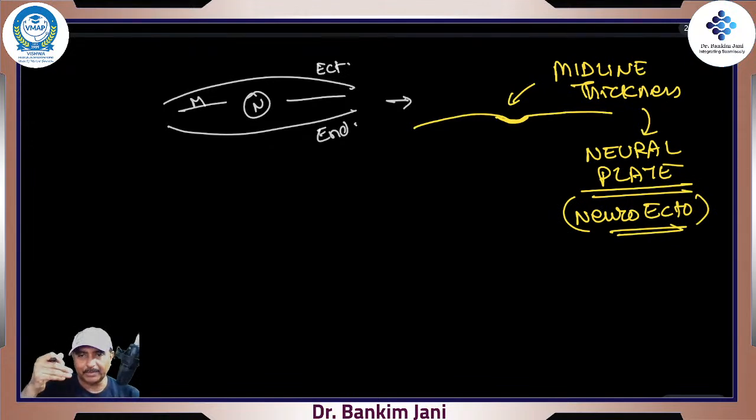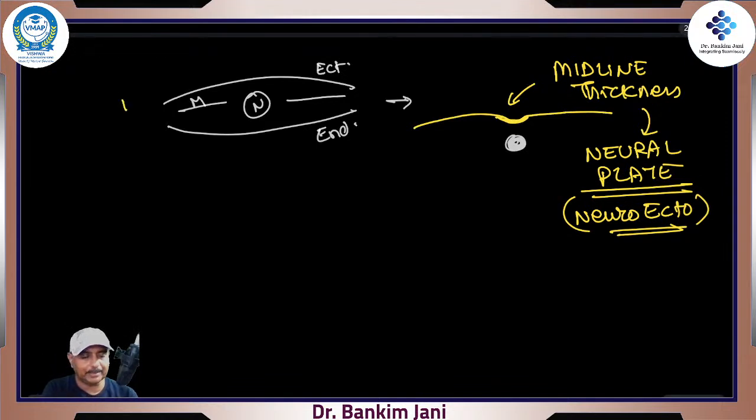It will have the cranial end, because it is happening at full length, and below it is the notochord. There are mesoderm and everything else there. Still it goes down.